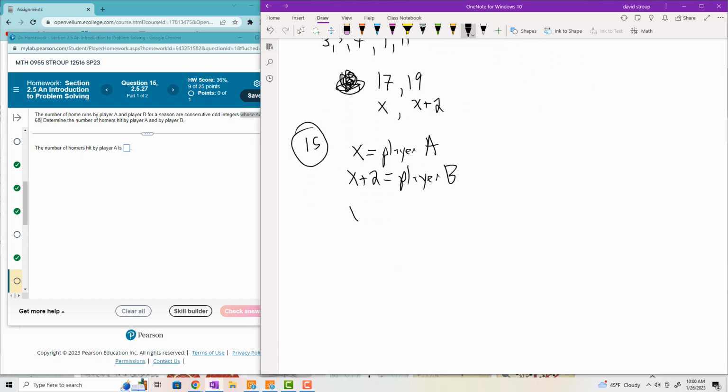The total of the home runs by player A plus player B is going to be 68. So you're going to have 2x plus 2 is 68. Then subtract the 2 over, and divide both sides by 2. And so player A has 33 home runs.